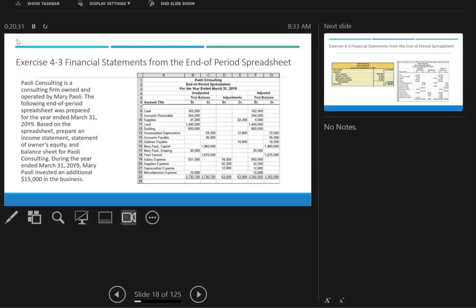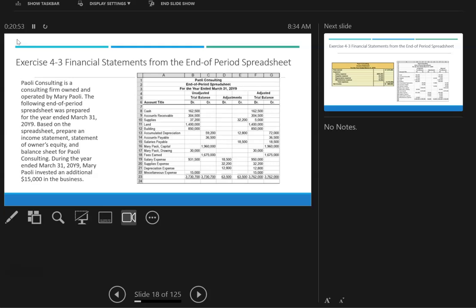The Mary Paoli additional $15,000, if we had the previous year's adjusted trial balance, we would notice that the capital account would have been 15,000 less than this one is right here.